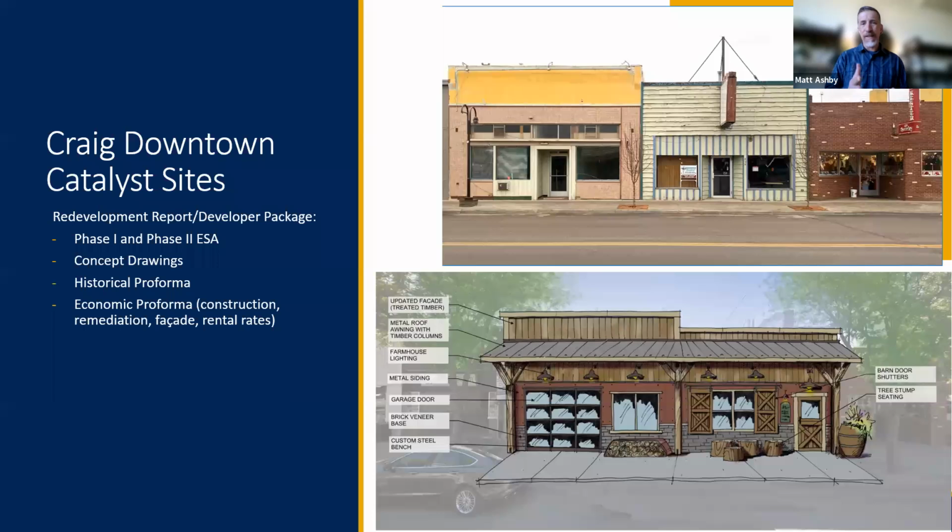And the idea with the rendering was to look at options to split it into potentially 2 retail sites, just because having 6,000 square feet of retail to lease can oftentimes be a heavy lift for a Main Street business. So splitting it into 2 smaller spaces was recommended as a path forward.